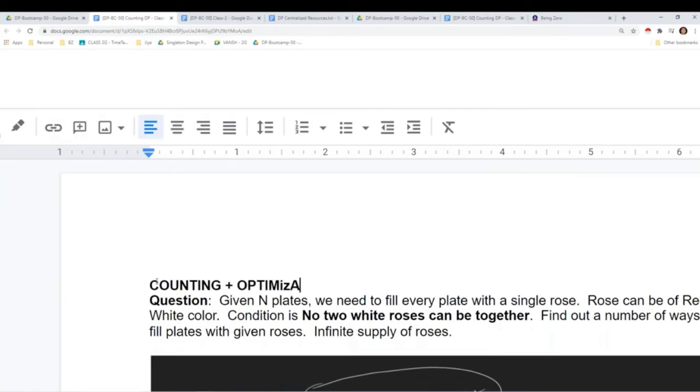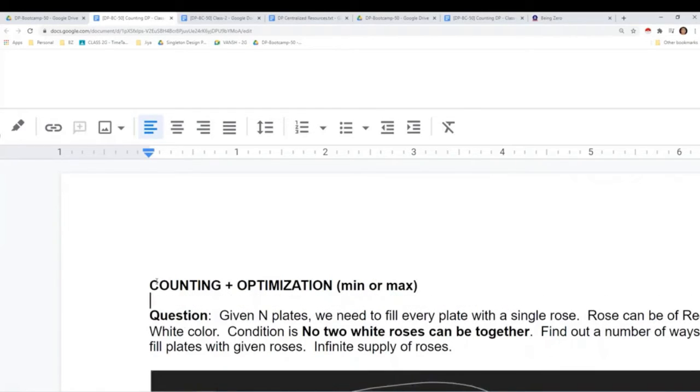And optimizations are the ones that find minimum ways of doing something, or maximum. In fact, if you correlate the previous problems in grid DP, we were solving find the min cost path in a matrix. Correct. So we have done these problems. In fact, you have counted in grid DP also, you have counted how many ways there are starting from 0,0 reaching the last cell if there are some hurdles in between.